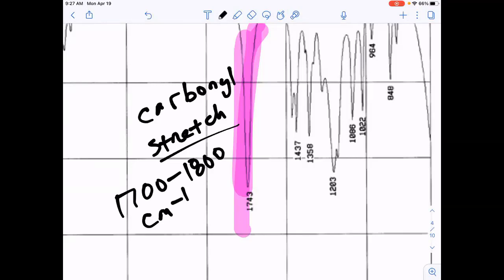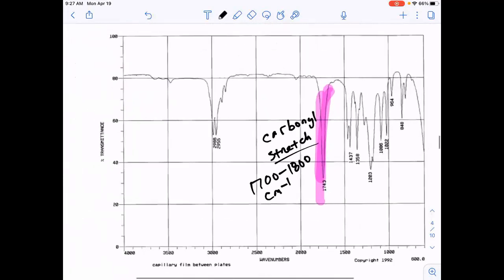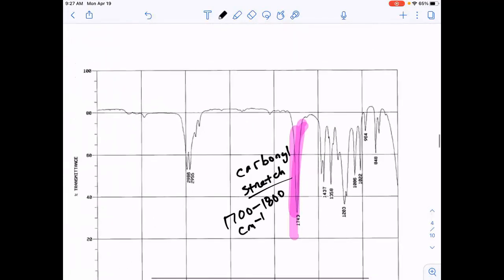What does it mean about reciprocal centimeters? What are the different types of molecular motion? Because that's what infrared does: you bombard a sample with radiation in the infrared range, and then different functional groups absorb radiation at certain wavelengths. That's what makes them move or vibrate or twist or wag, whatever the motion is that it picks up.